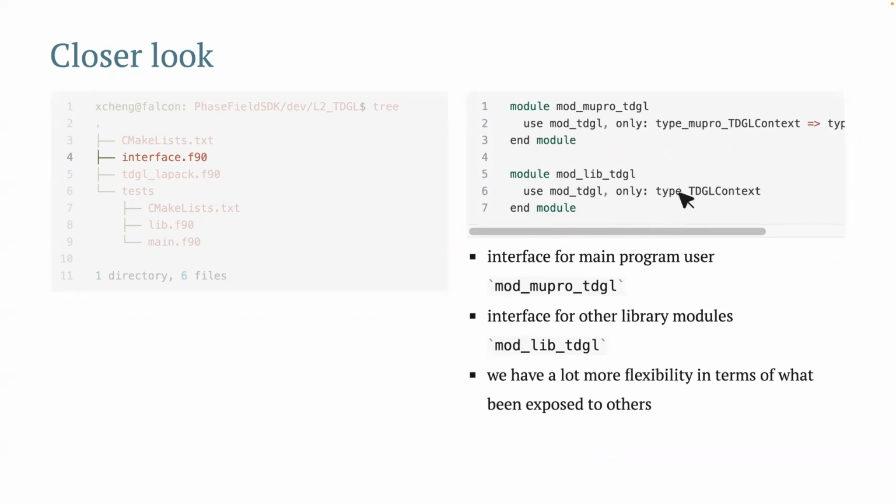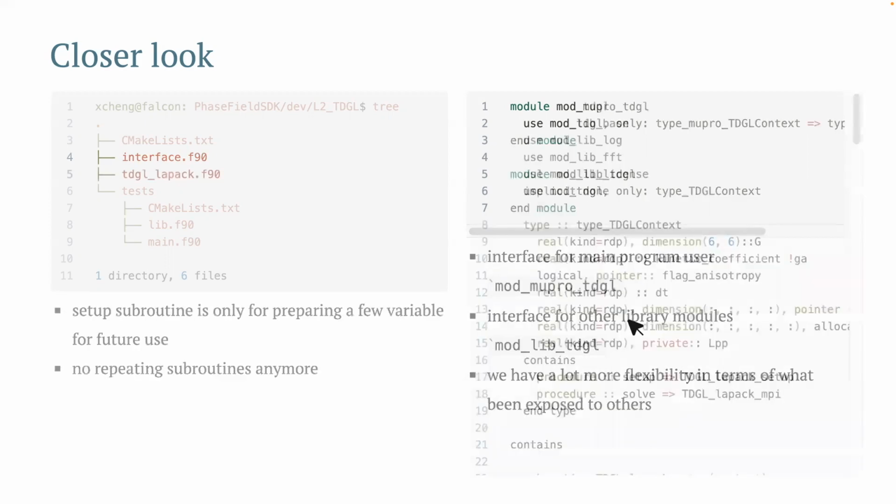They just expose the same type. But for some other library modules, it is very likely that we want some subroutines only exposed to the library developers, not to the MuPro users. So I think with this design, we have much more flexibility in terms of what is exposed to others.